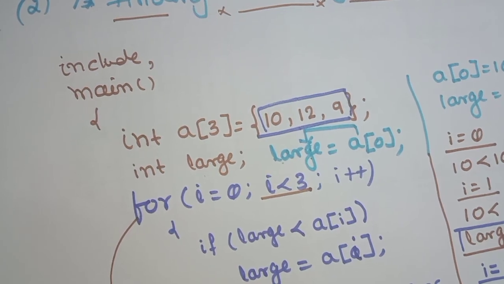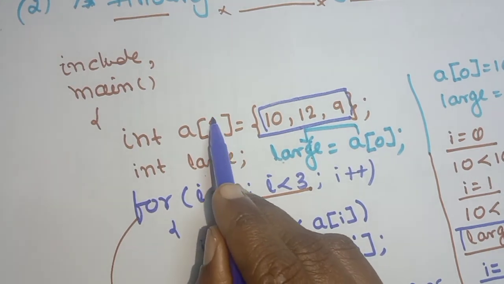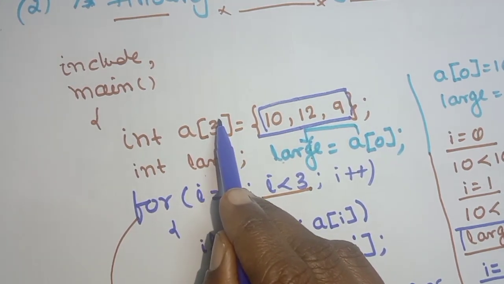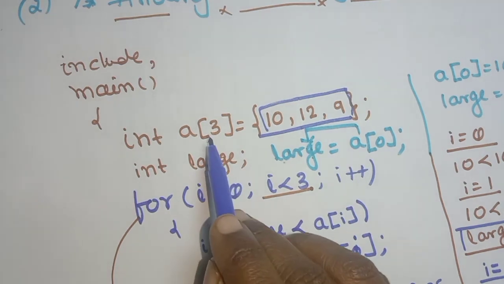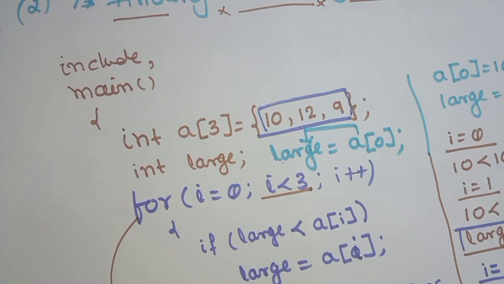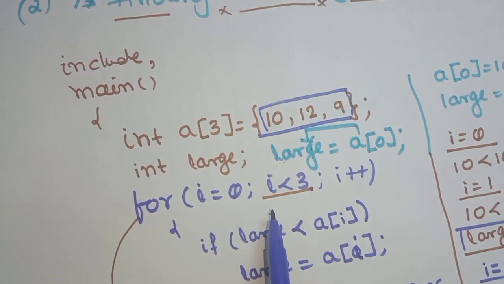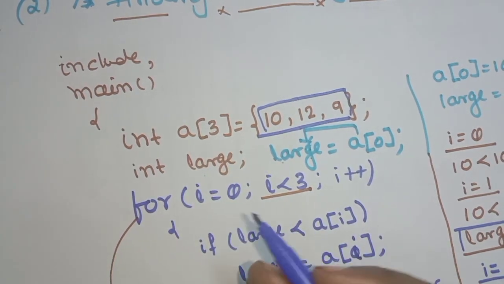My doubt is here: if I want to find for 5, I just change this to 5, correct? If I want 10, here I will write 10, and for 100, I will write 100, so it is going to find that. But somebody may not know the C language and not know where to change.